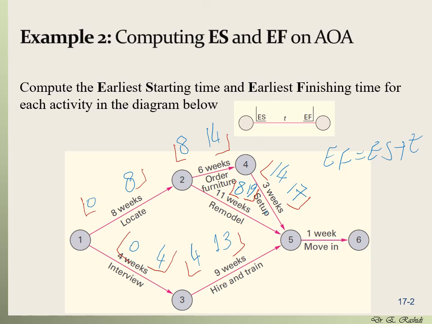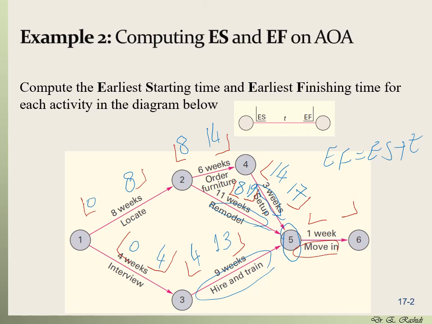The only activity left is activity moving, 5 to 6. So I'm going to open a box here, and for the earliest start of this activity, we have to have got to node 5. That means that all of the activities 4 to 5, 2 to 5, and 3 to 5 must have been completed. So we need to find the maximum earliest finish of these activities.